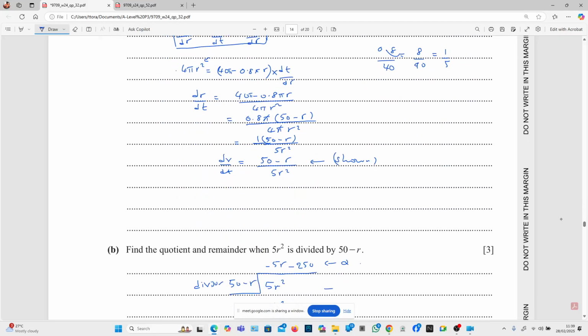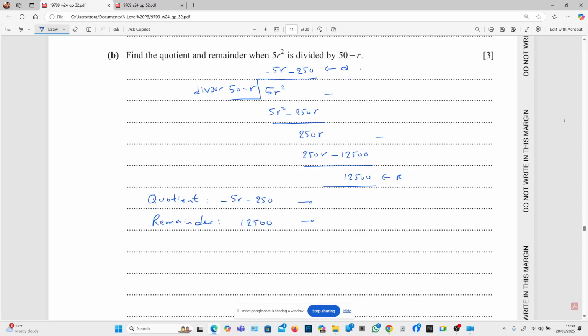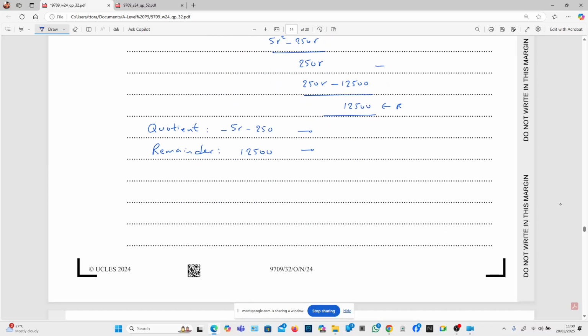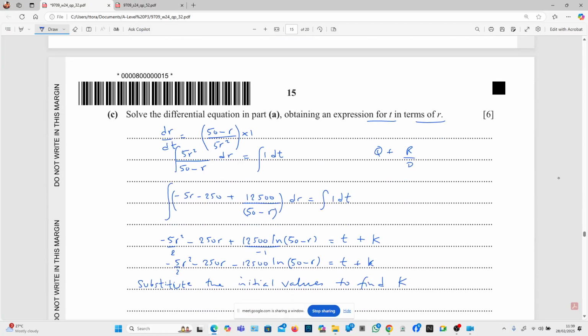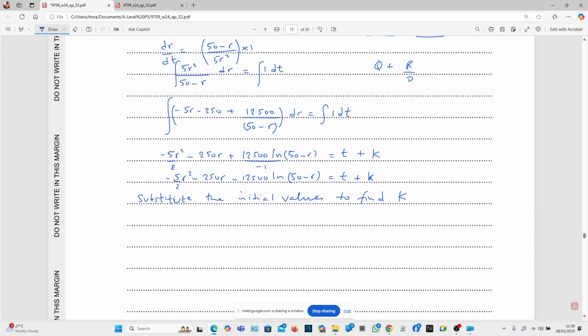I'm going to substitute these into the equation. So I'm going to put 0 here: minus 5 over 2 times 0 squared, minus 250 times 0. Of course, the balloon is flat at the beginning, so the radius is 0.